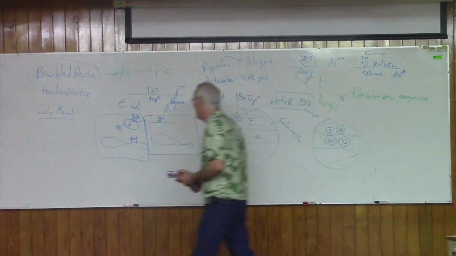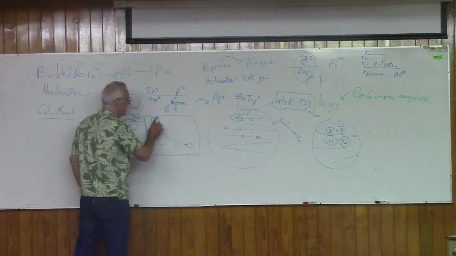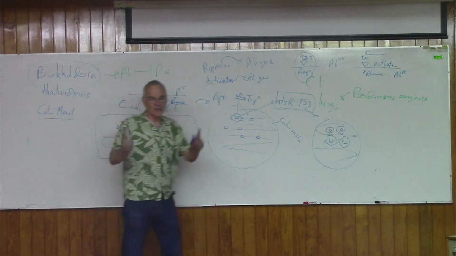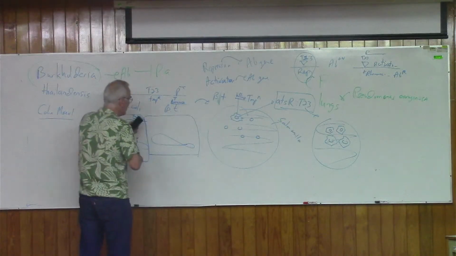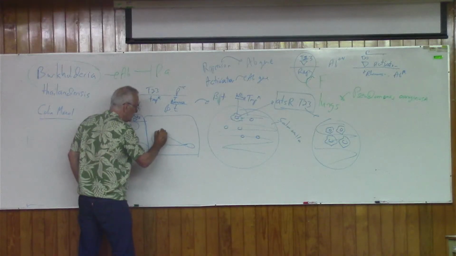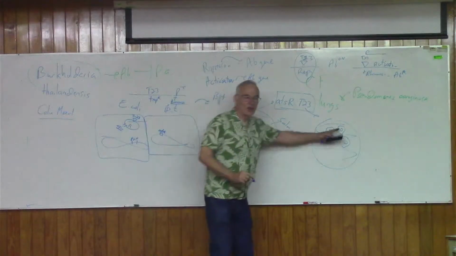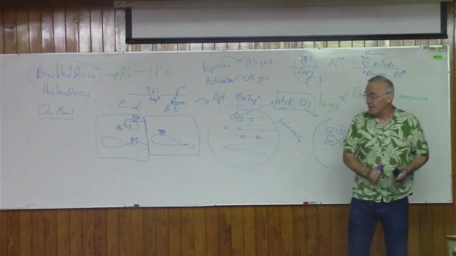And so what Chris did, this is Chris Wozniak, using a technique that we will talk about tomorrow, was in the Burkholderia, he was able to delete ATSR. Okay. So now they're all constitutively producing the antibiotic.